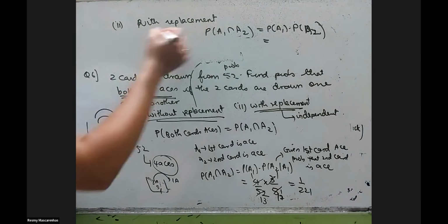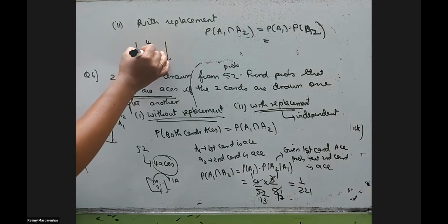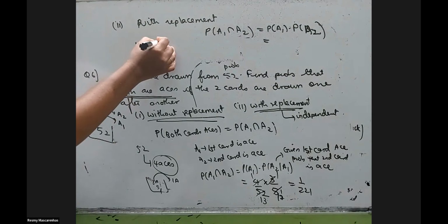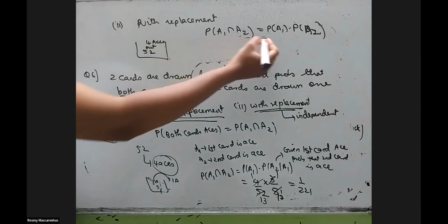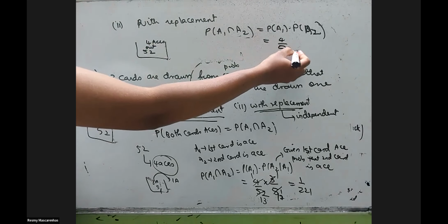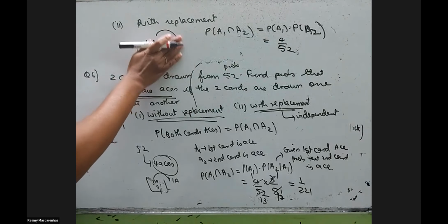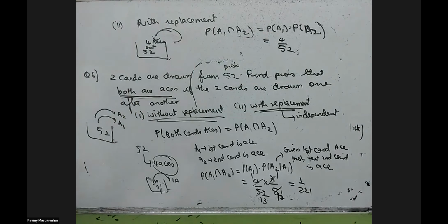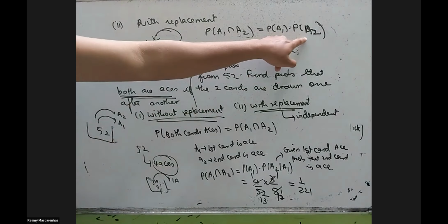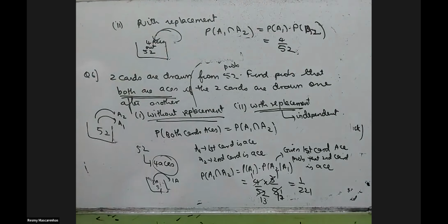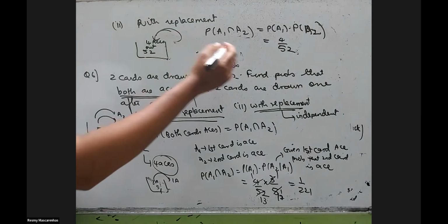So first time when you go to pick up, how many options will you have? 4 aces out of 52 cards for the first time. You see a card, you remove. Now what is happening? Again you put it back. The second time when you go to pick, again you have the same options left. Again you'll have 4 aces and 52 because you're not keeping it at the side.